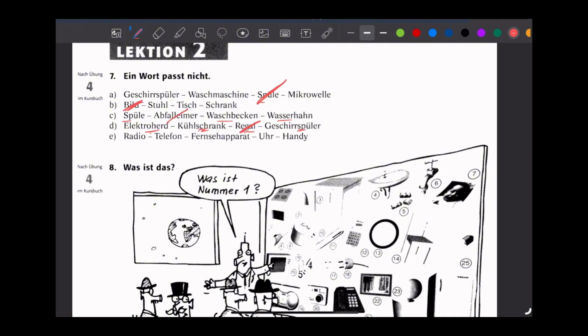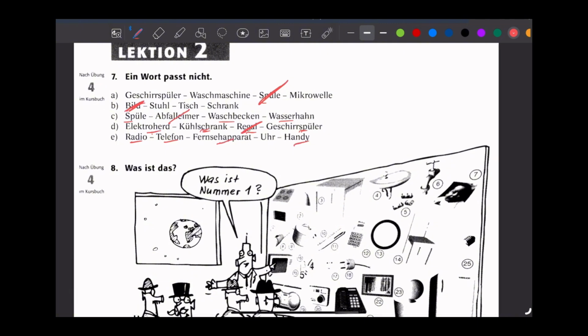We have Radio, Telefon, Fernsehapparat, Uhr, Handy. So all these are also electric apparatus, like Handy, Fernsehapparat, Telefon, Radio, all belong to the same group except the clock.